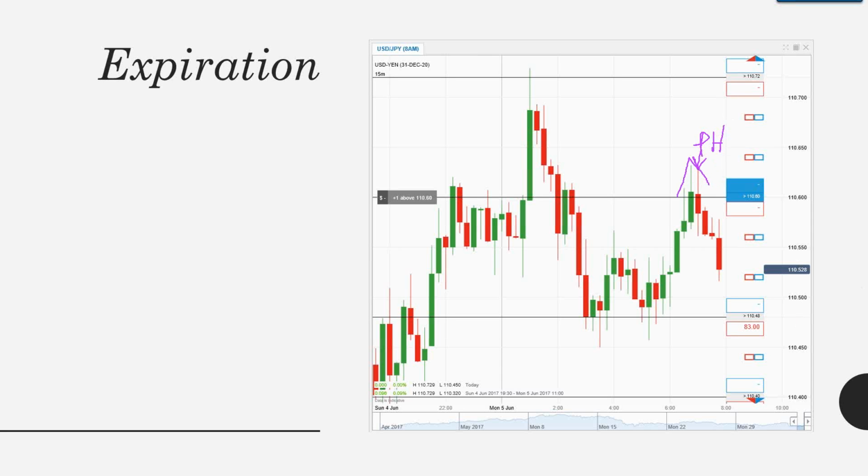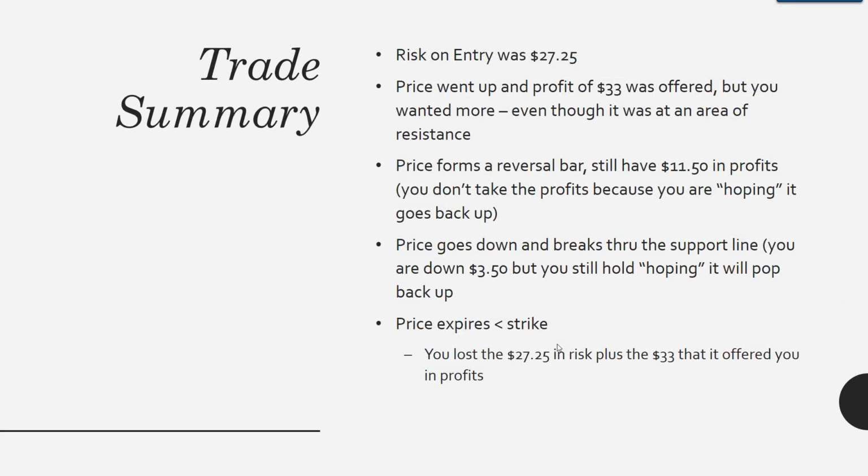Why did you not take the profits that were offered? This is an issue that all traders have, okay? Your risk on entry was $27.25. Price went up and offered you $33 and you didn't take it. You wanted more, even though you knew this was an area of resistance.